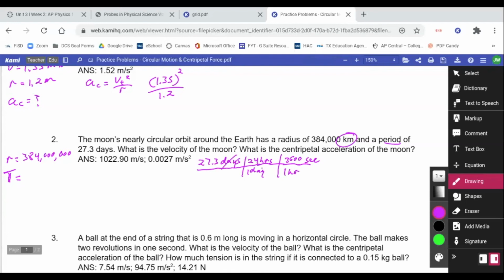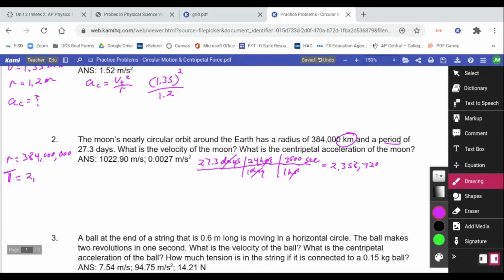Now I can cross off days and cross off hours, those all cancel out. Now I just need to do the math. 27.3 times 24 times 3,600 equals 2,358,720. That's the number of seconds.